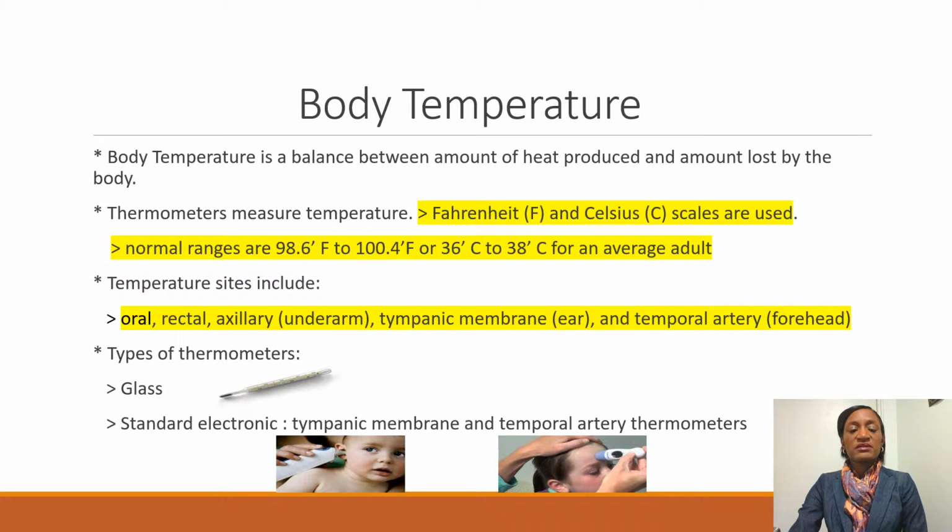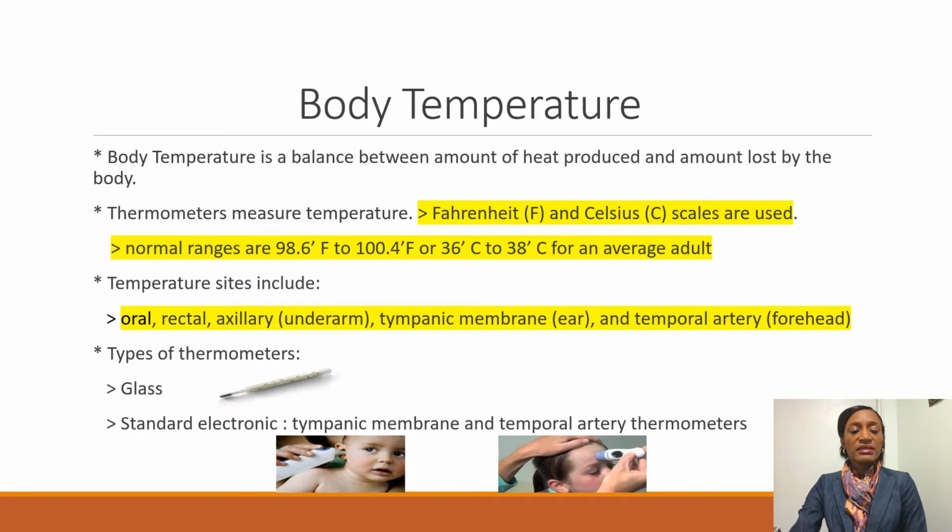The types of thermometers that are used include the glass thermometer, which I have displayed here. These are not as common as they used to be because they can be easily broken, and it's dangerous because of the mercury inside of them, used to measure the actual temperature, and because it's glass.